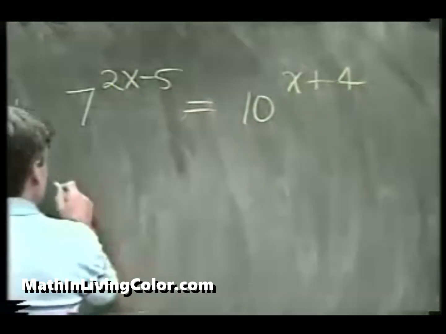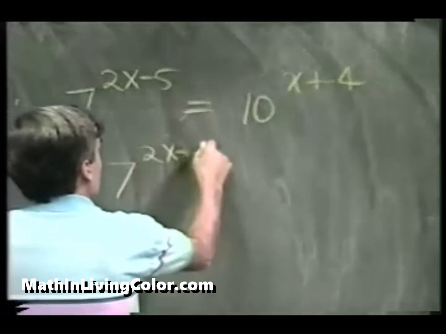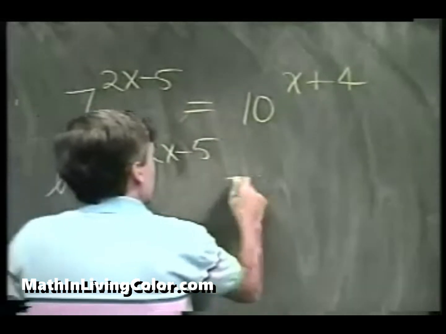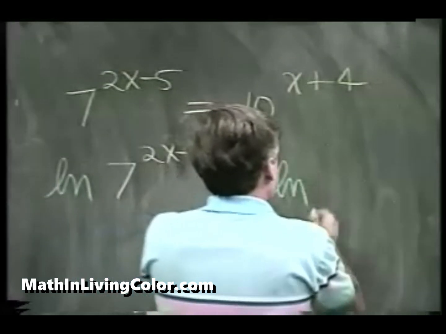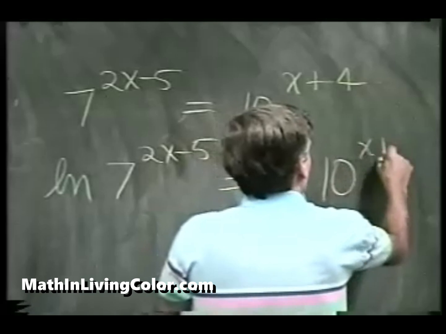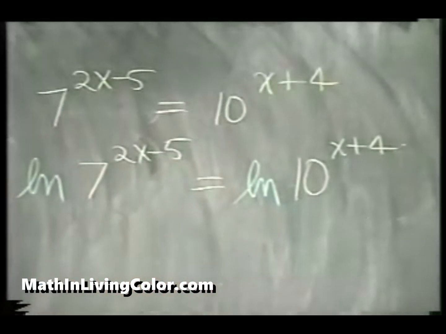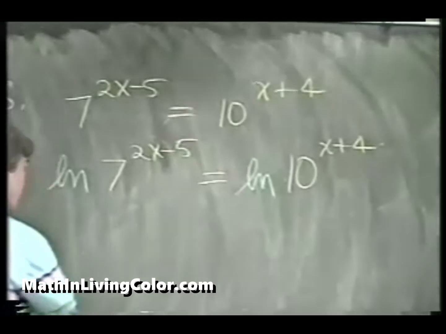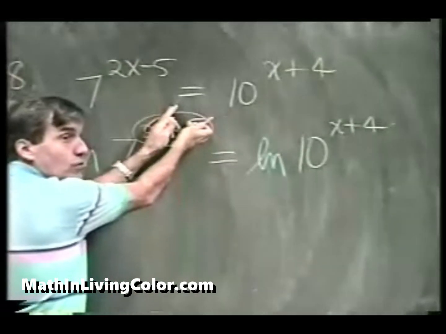So that would mean I need to take the ln of 7 to the 2x minus 5 power equals the ln of 10 raised to the x plus 4 power. In other words, I just took the ln of both sides. Right, now what I have to do is take this exponent and do what with that power?